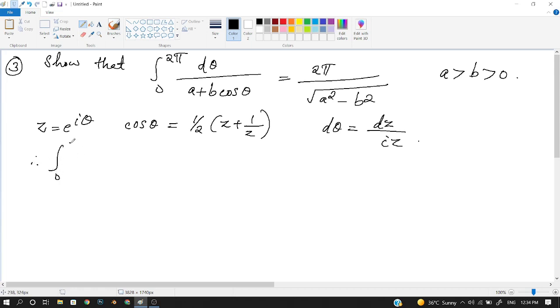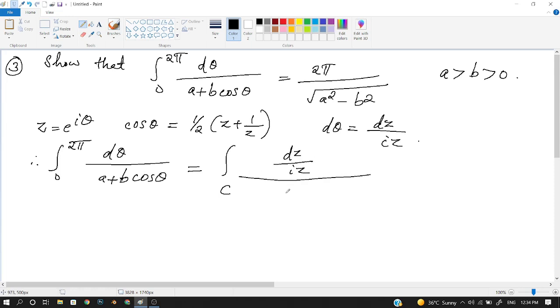Therefore, integral from 0 to 2 pi d theta divided by a plus b cos theta equals integral over C of dz by iz, whole divided by a plus b times half z plus 1 by z.